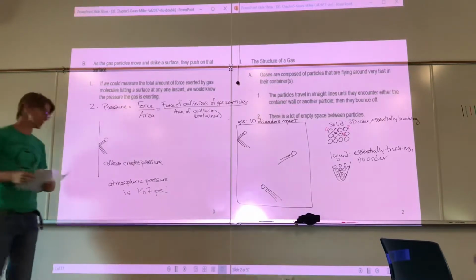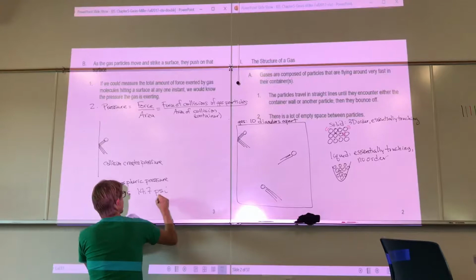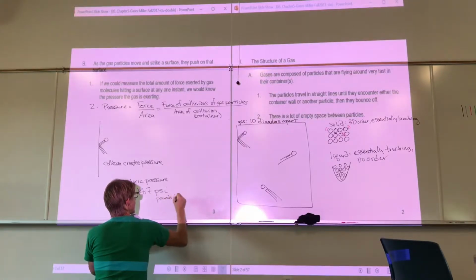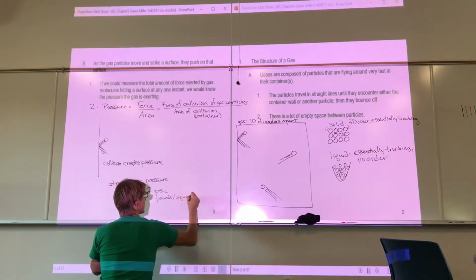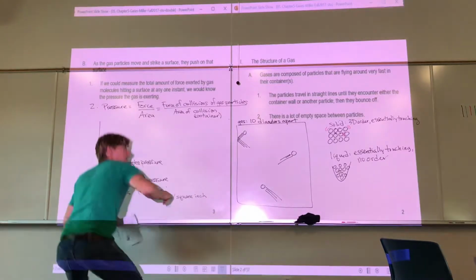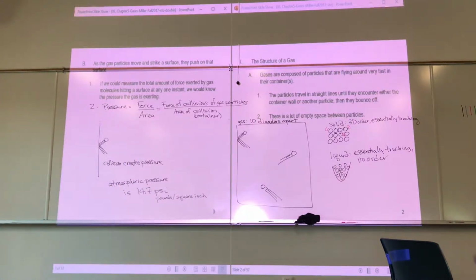PSI stands for pounds per square inch. That means if you were to draw a 1-inch square on your arm, gas molecules from our atmosphere are colliding with that 1-inch square with 14.7 pounds of force.